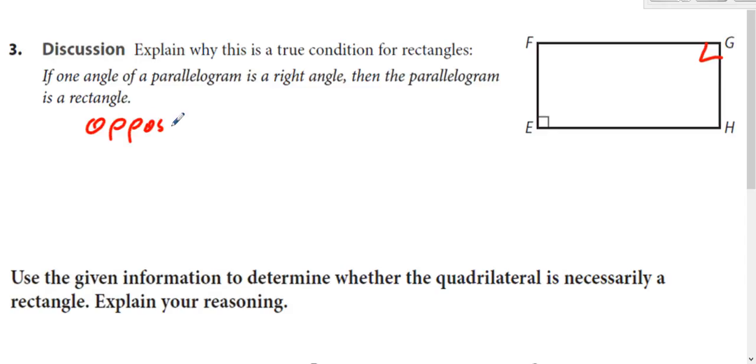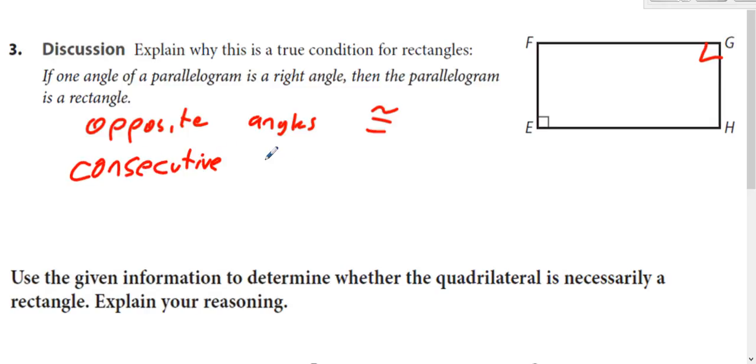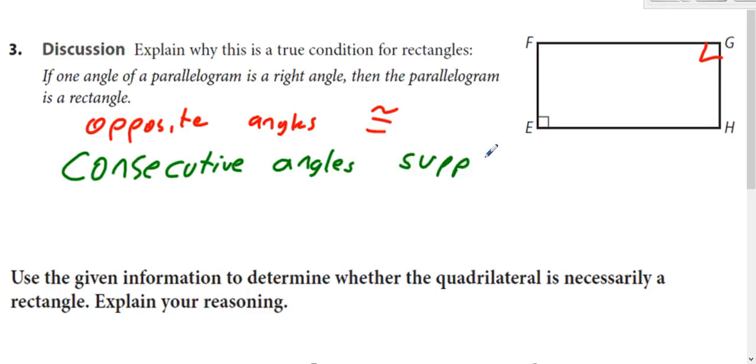So we can write opposite angles are congruent. So that means angle G is 90 degrees. Then we use consecutive angles are supplementary.